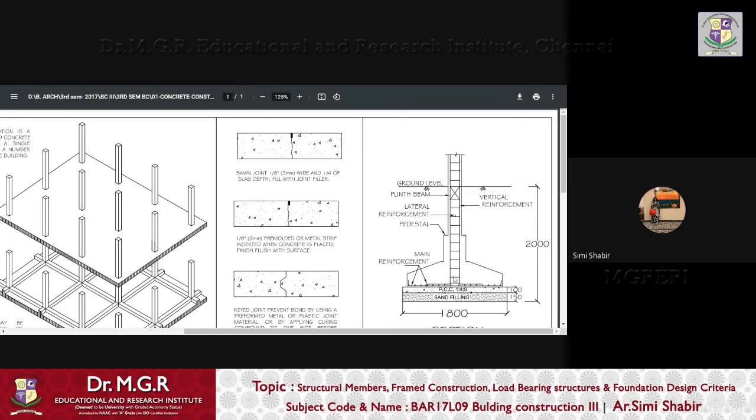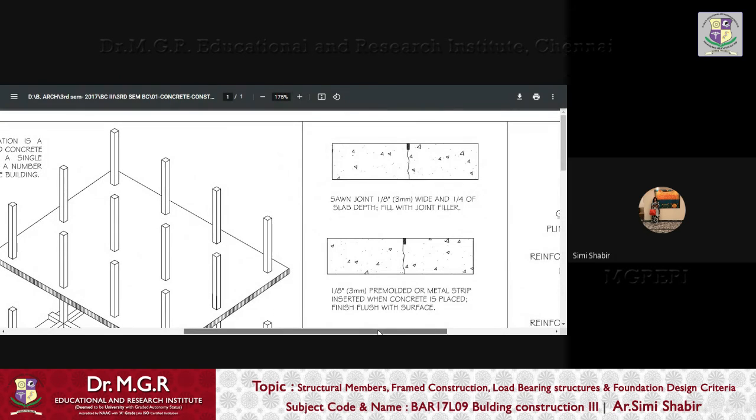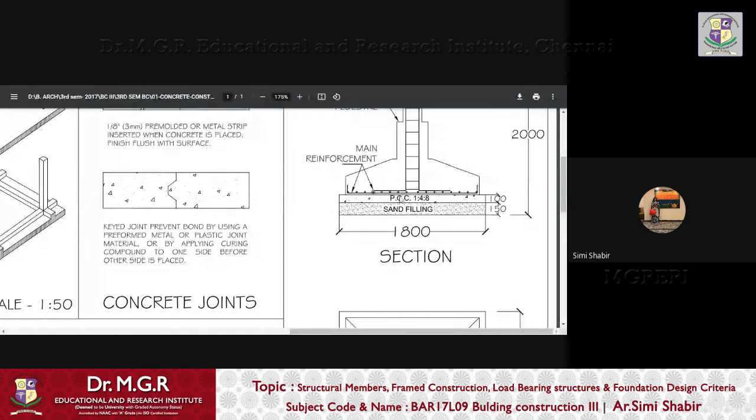So here you can see very clearly, if you look at the detailing of the reinforcement, this is the main reinforcement which is shown with the arrows over here, and then you can see the lateral reinforcement which is seen in cross section, and here again you can see the main reinforcement.